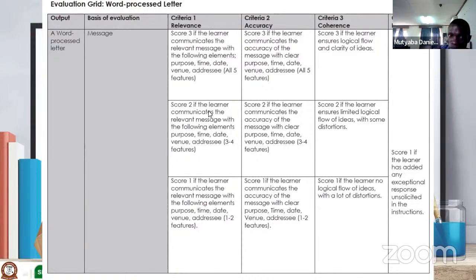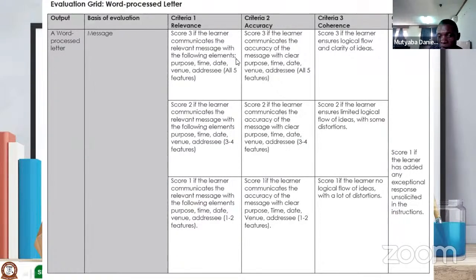Then, still using the same yardsticks or bases, you subject it to accuracy in the same way. Accuracy looks at the message with a clear purpose. The other one was looking at the key elements, but here you must look at the element of accuracy in it. Are they accurate? If we talk of the date, is the date accurate? If we talk of the purpose, does it serve the purpose?